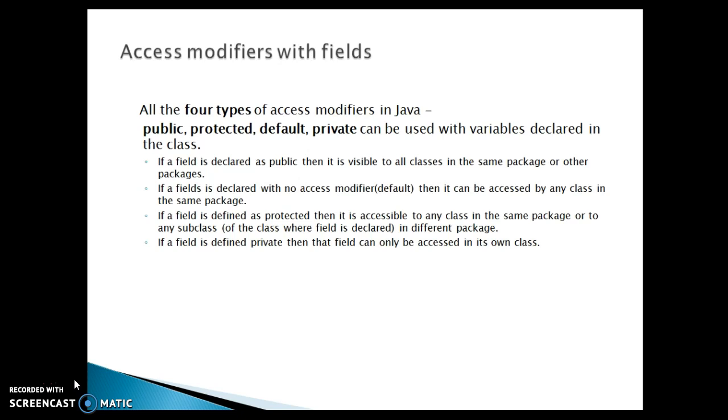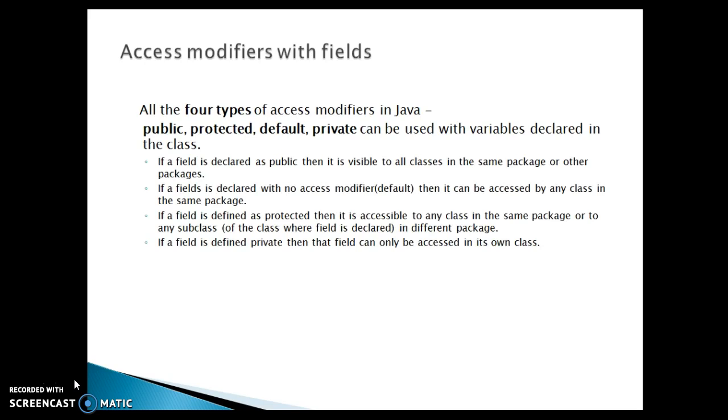Now when we talk about access modifiers with fields, all four types of access modifiers in Java, public, protected, default and private, can be used with variables declared in the class. If a field is declared as public, then it is visible to all classes in the same package or other packages.